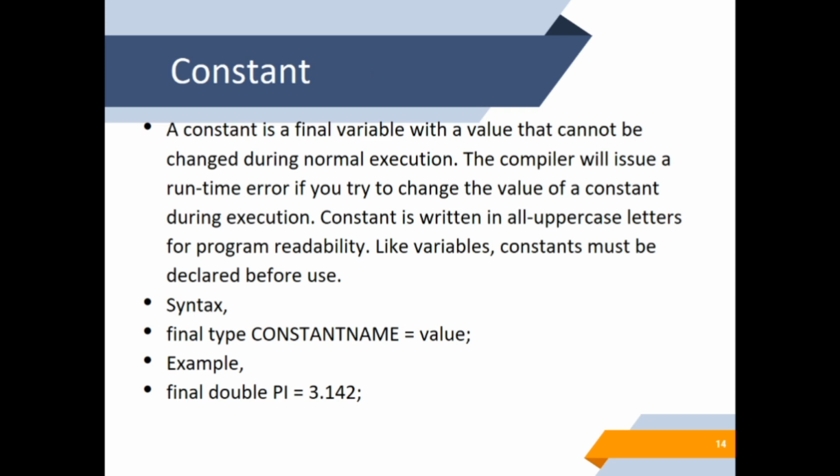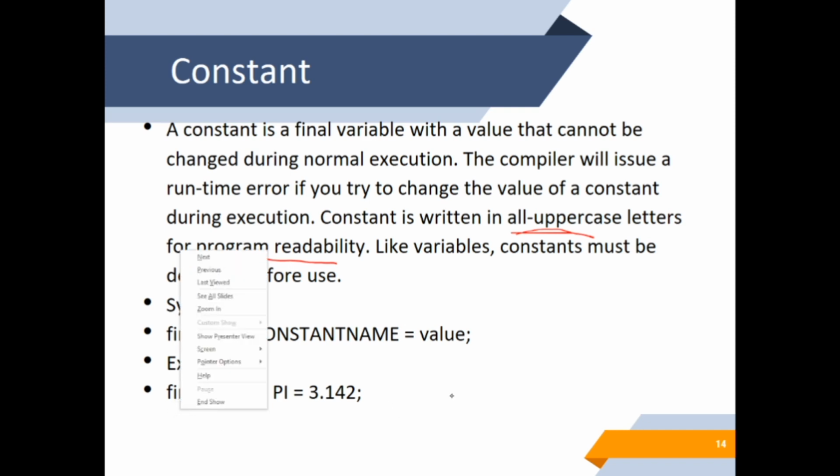Once you want to use a constant, you had better use all uppercase to show the difference from a normal variable. So once you see a variable written in all uppercase, it shows that the variable is a constant variable.